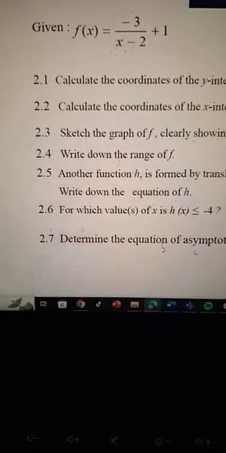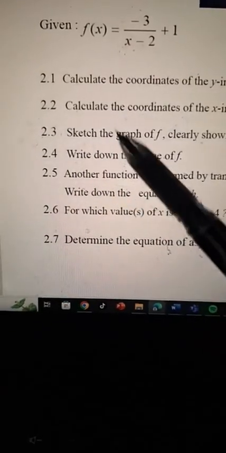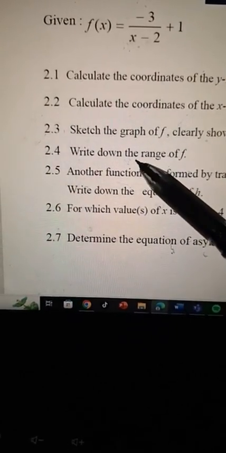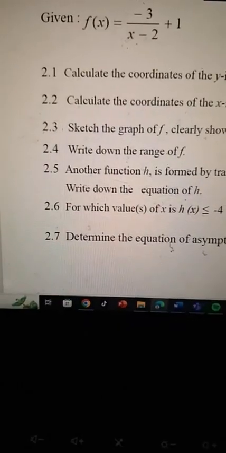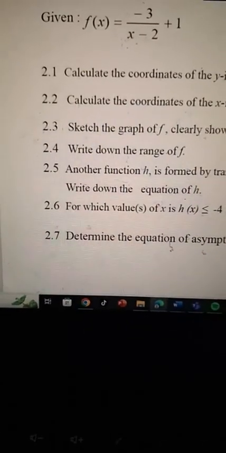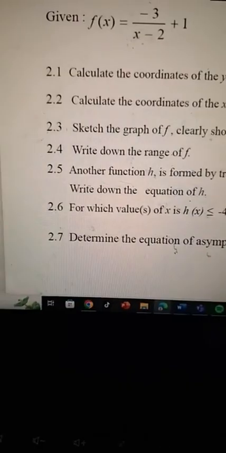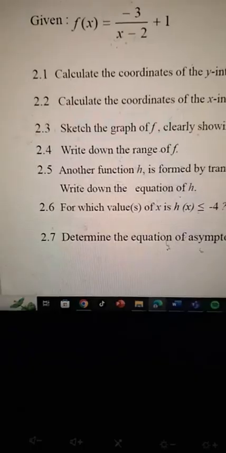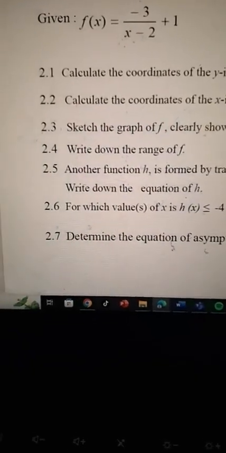So the question you need to ask yourself is, where does the function exist? And when you look at range, you are looking from the bottom to the top. Started from the bottom, now we're here.